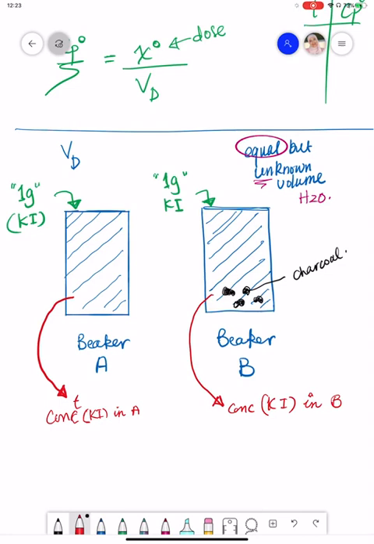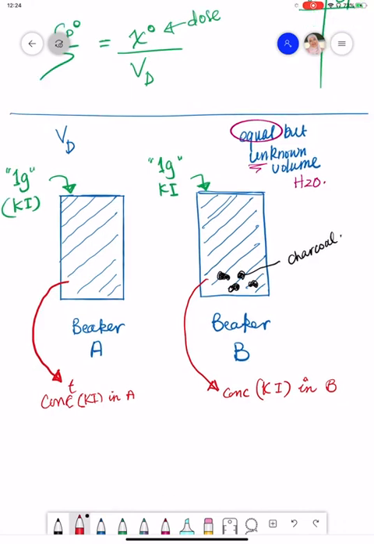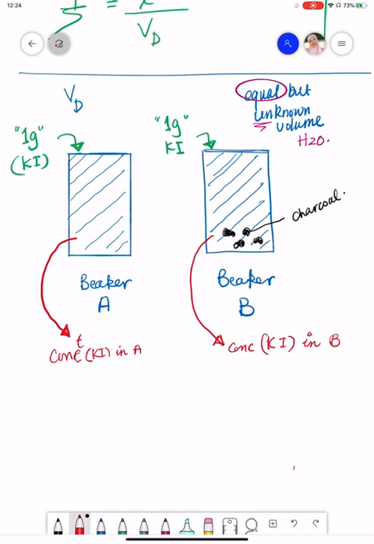When we measured the concentration, well, first of all, we know for sure that concentration equals amount over volume. If we are talking just by math, and by the way, this is a common sense example, the volume in both of them is equal, and the amount of potassium iodide in both beakers is the same.